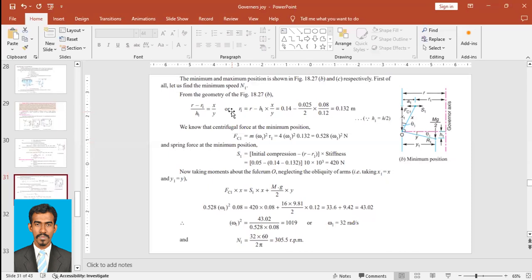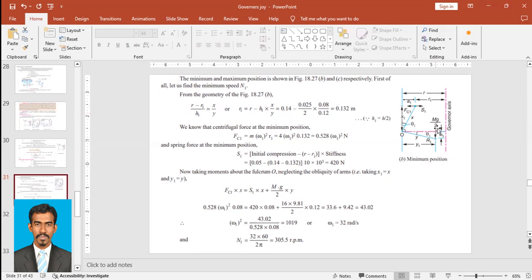So r1 is equal to r minus h1 into x upon y. When you substitute with the given data, r is equal to 0.14, the radius at mean position, given as 14 millimeter, minus h1. h is the total sleeve movement, given as 25 millimeter, that is 0.025.